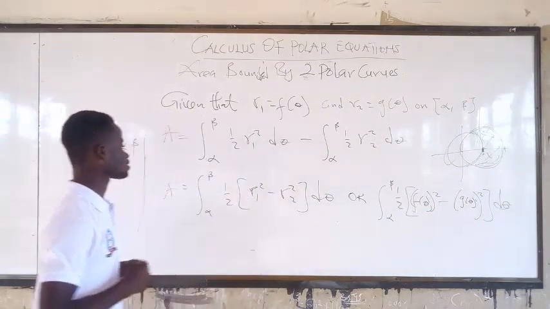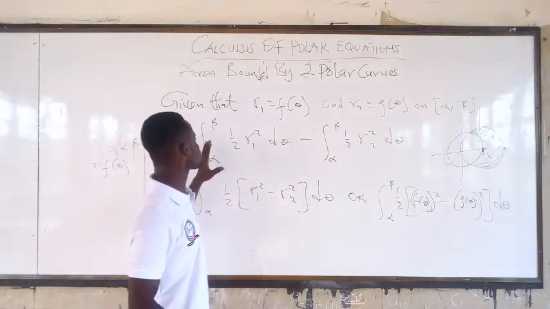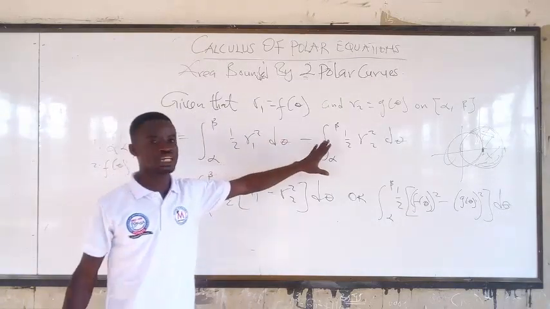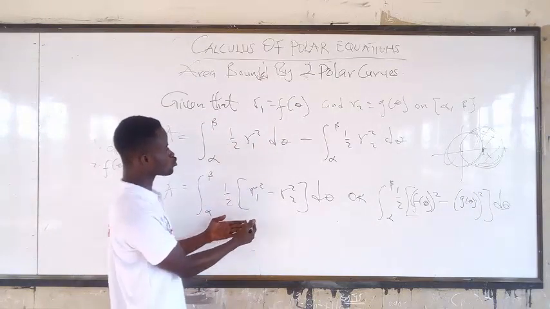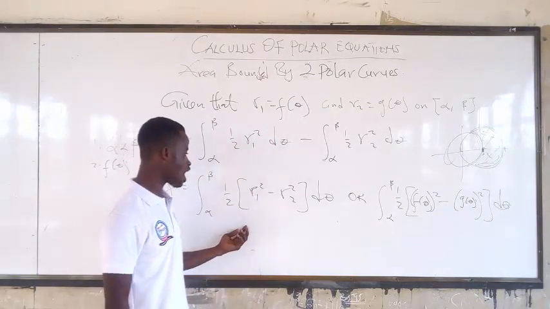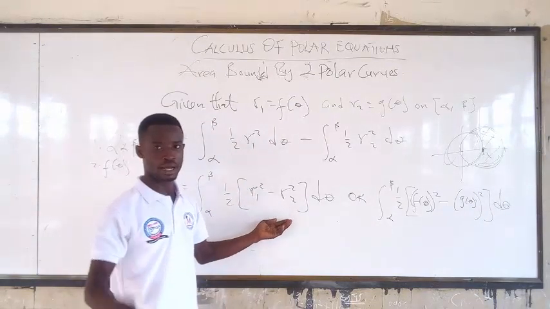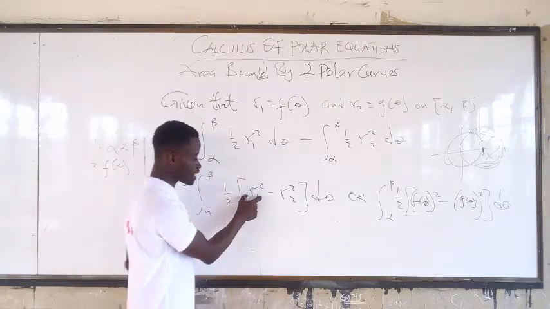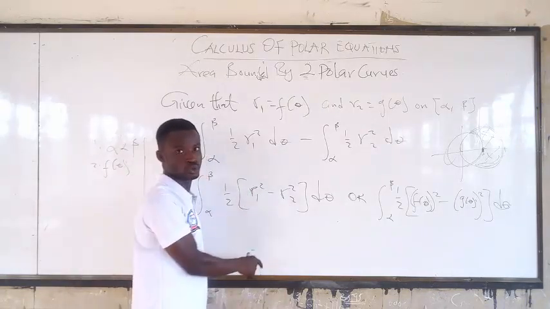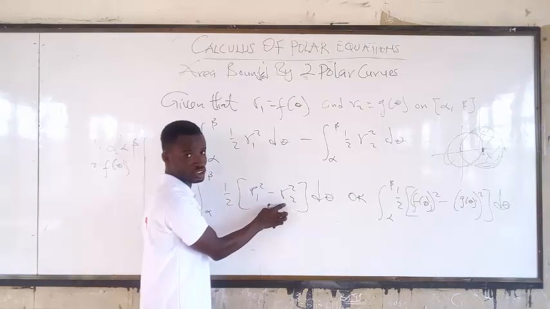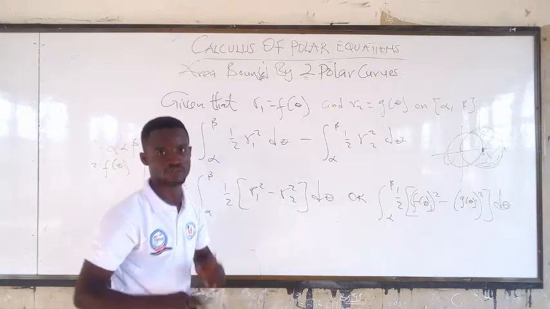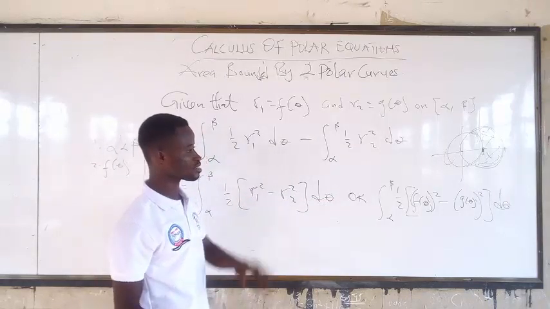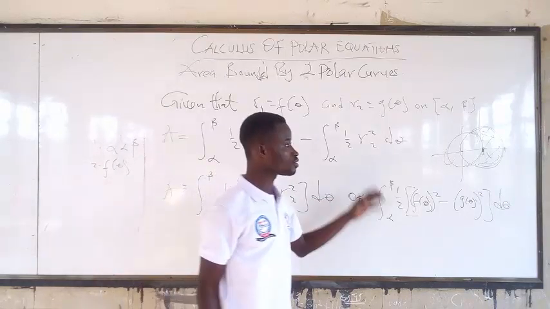So since we have the upper limit and the lower limit to be the same thing, we can combine these two by factorizing the half out to get it in this form. But remember, you square the r1, you square the r2. Don't forget that if the function is here, this negative will affect the inside. I beg you, don't forget it. This negative will affect the inside. Alright? So that is that.